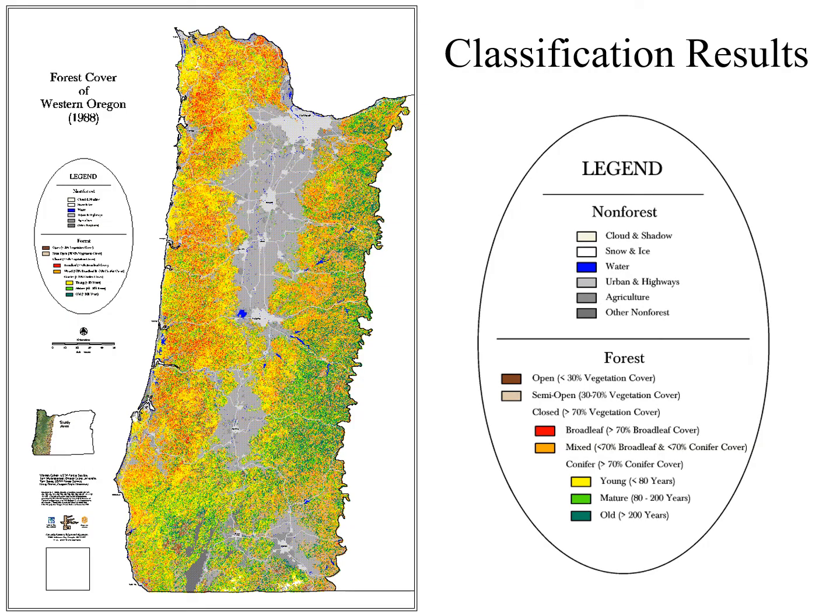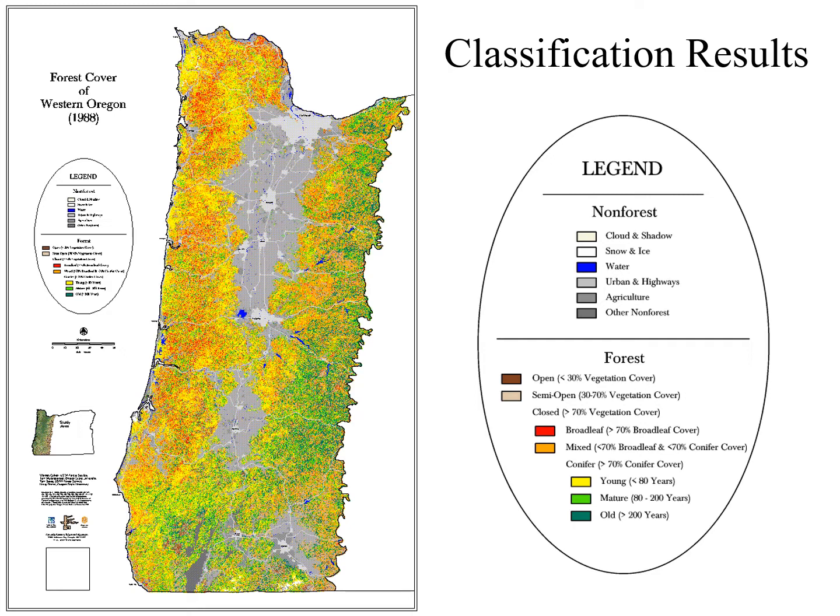Here's a very interesting classification. This was done in 1988 for Western Oregon. This map has been updated numerous times since then, and it's a forest type map for Western Oregon, west of the Cascades.